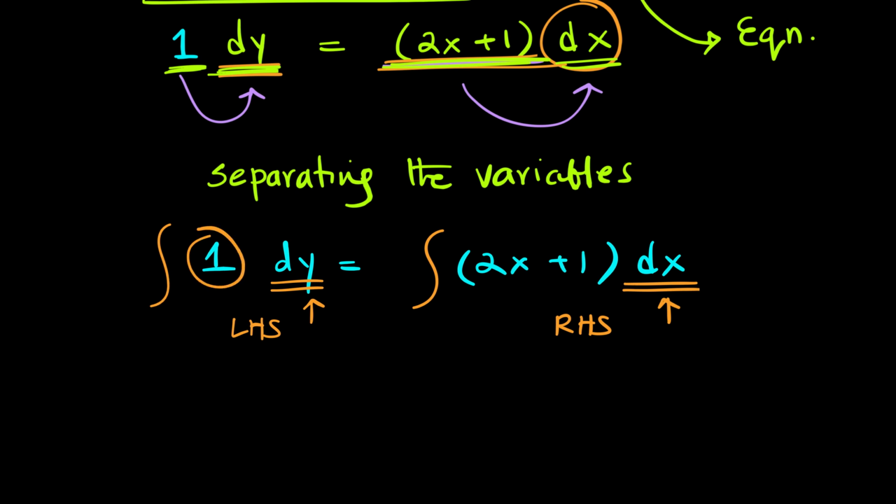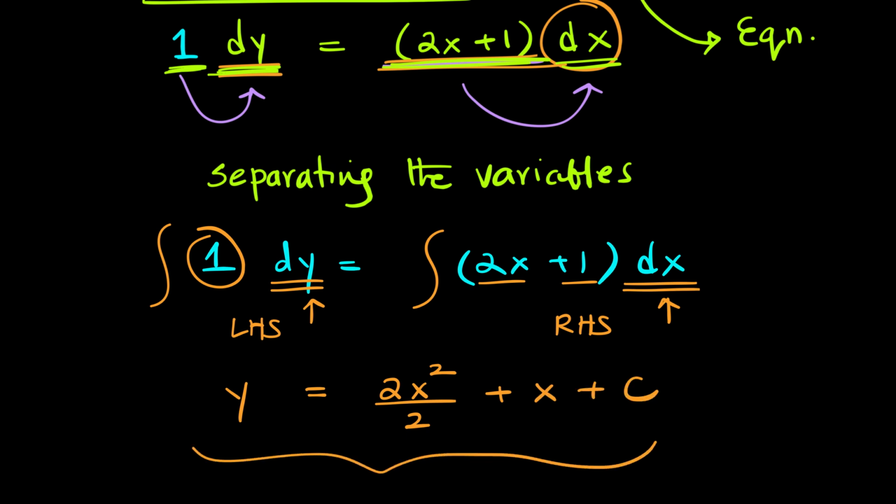When we integrate 1, it becomes y. When we integrate 2x plus 1, we integrate it individually, 2x squared over 2 plus x plus c. This is what we term as the general solution of differential equations.